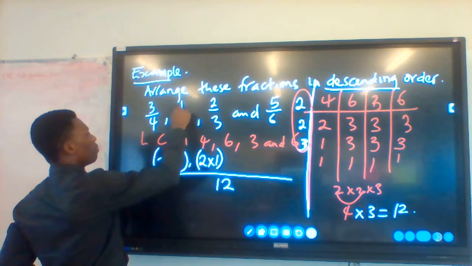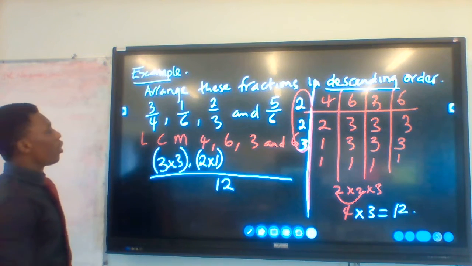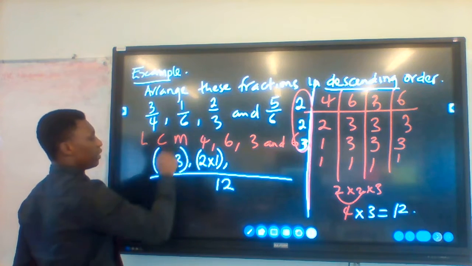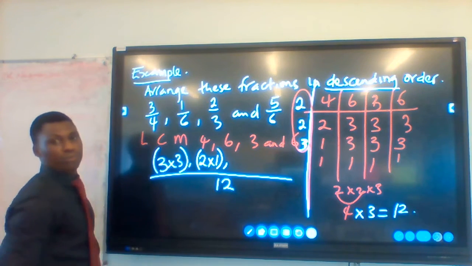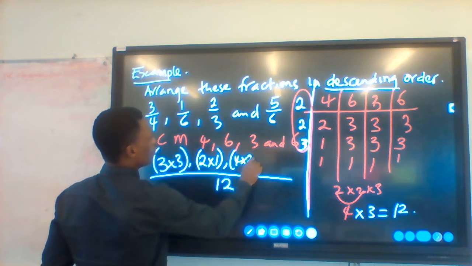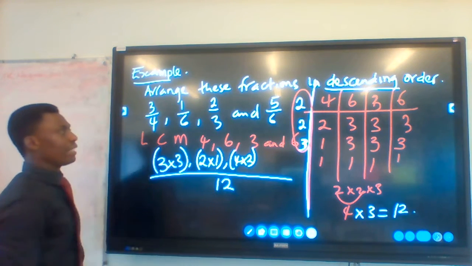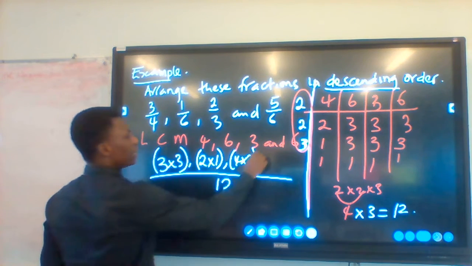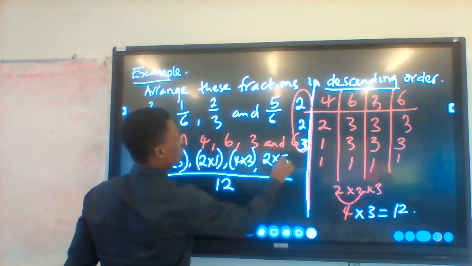Where do we get 1 from? The numerator of the second fraction. The third fraction is 2 over 3. How many times does 3 go in 12? That is 4. Brilliant. 4 times 2, which is the numerator of that. And the last one, how many times does 6 go in 12? That is 2 times 5.